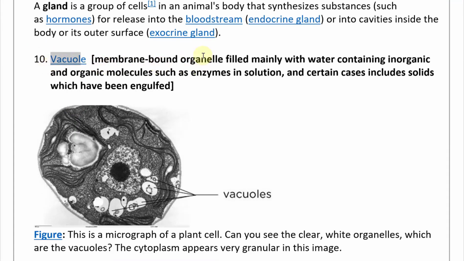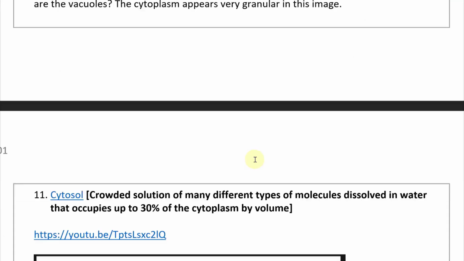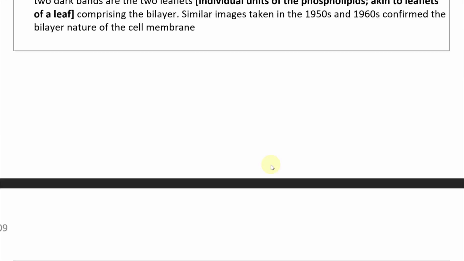This vacuole is a membrane-bound organelle filled mainly with water, containing inorganic and organic molecules such as enzymes in solution, in certain cases including solids which have been engulfed. These are vacuoles, but in plant cells they usually have one very large one, making up from 20 or 30% to 80%.